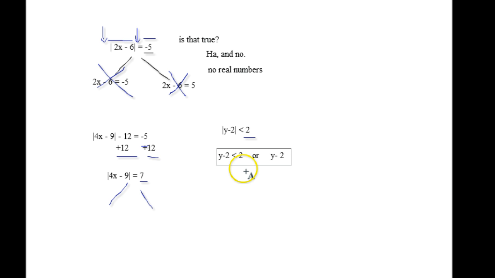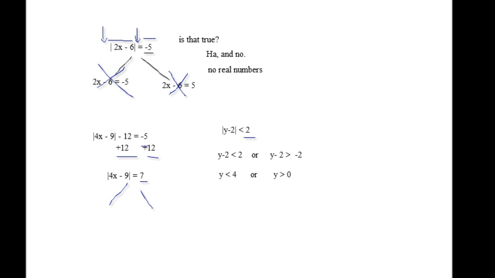Because we're dealing with the negative, you do have to flip the actual inequality. And so y is less than 4, or y is greater than 0. Wait, hold on, I was getting mixed up. That one should be 4, and this one should be 0.